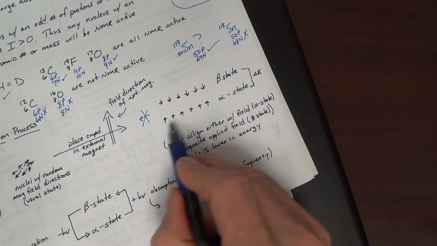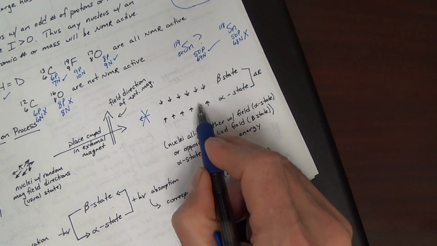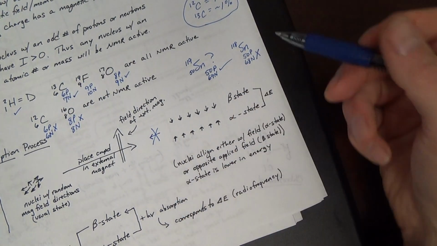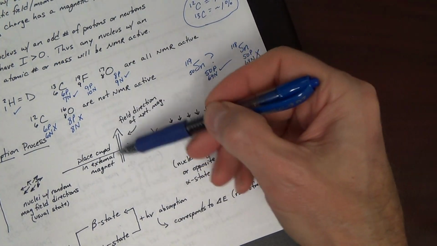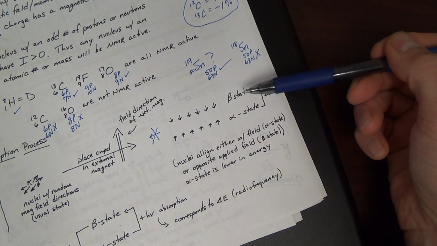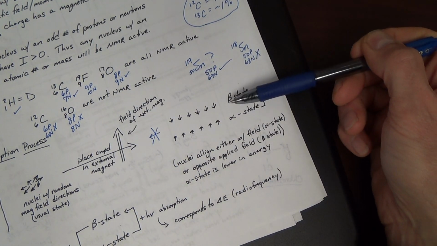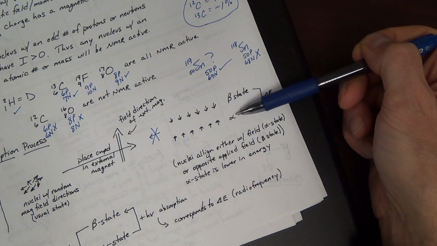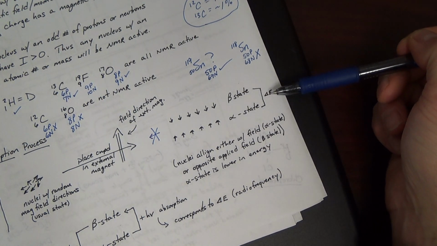There's slightly more in the alpha state than the beta state. Okay, but the main thing here is because of the external magnetic field, we now have two different states. Our nuclei are now in two different states, and this is going to allow us to do a transition and to have an energy absorption.